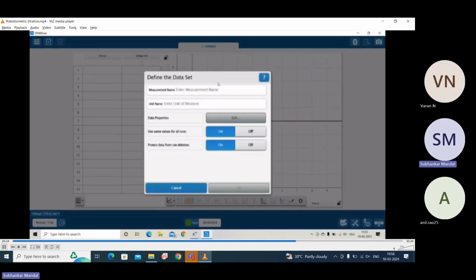Okay, now as we want to do the titration, that means you are adding the volume of the analyte. Here we are using silver nitrate, so from the burette you are adding the silver nitrate.